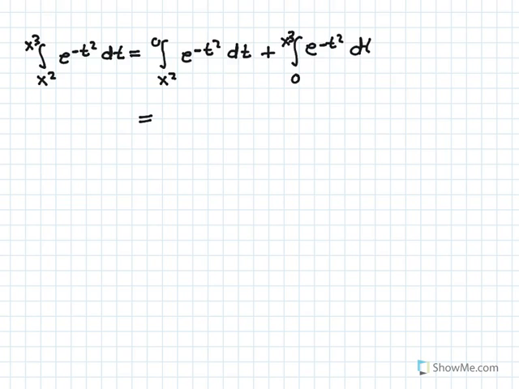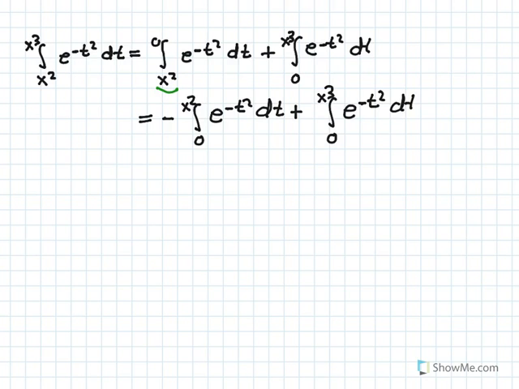Now, the lower limit here, you will notice, is x squared, and we need to make that the upper limit so that we can apply the fundamental theorem of calculus. So we have to interchange the limits of integration, and we need to put a negative in the front. So that's minus the integral from 0 to x squared, e to the minus t squared dt, plus the integral from 0 to x cubed, e to the minus t squared dt.